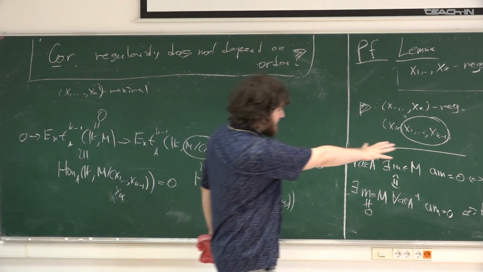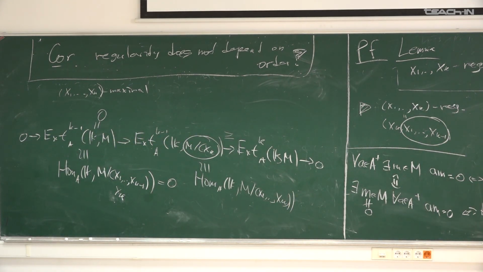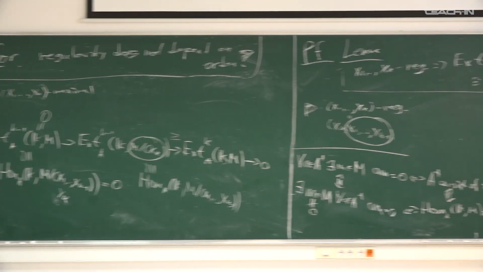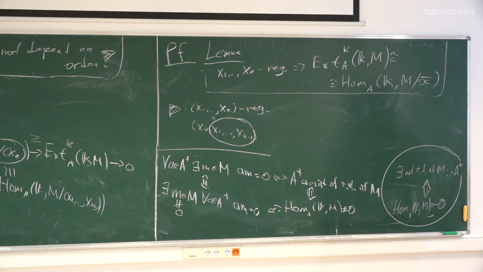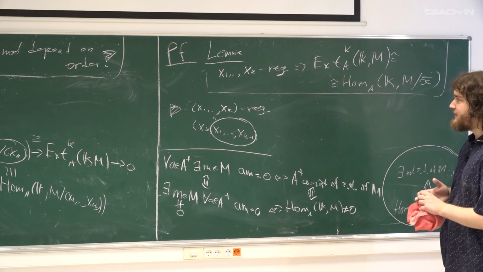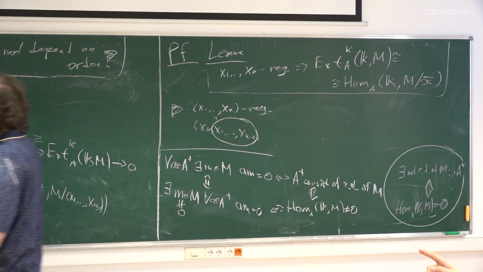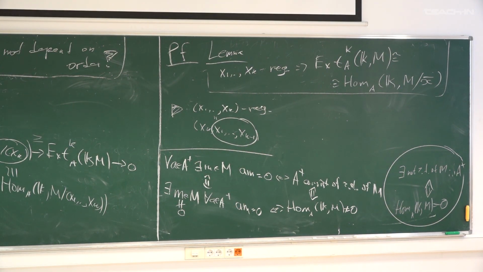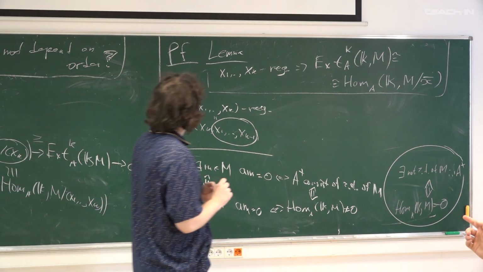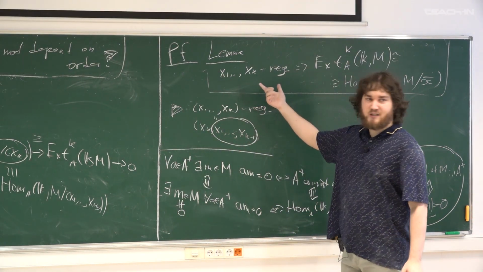This is the main ingredient of this proof, of course. This is a non-obvious observation, but we have proved this. The first equation with xk minus 1 is this, yes. This is also by induction, but we make the induction by the length of the regular sequence.